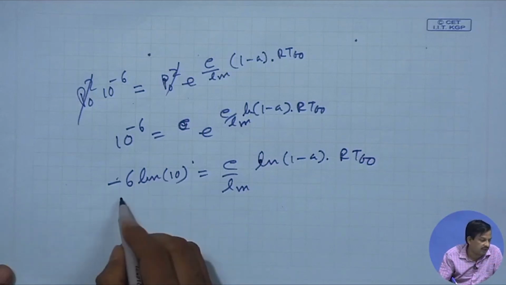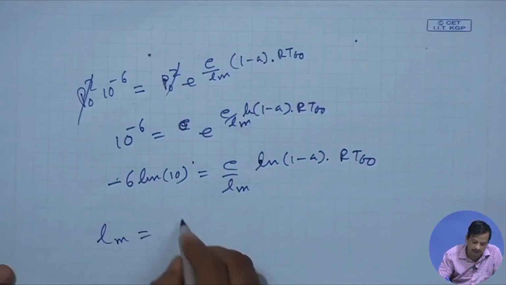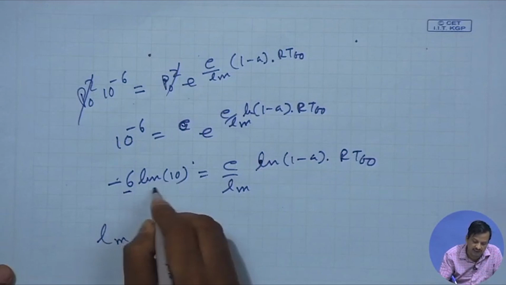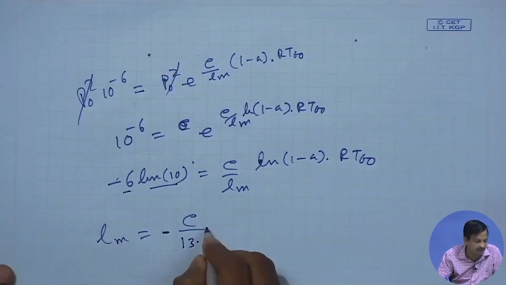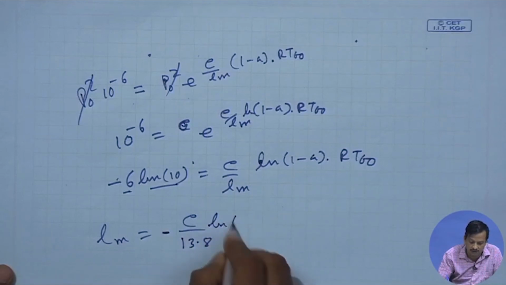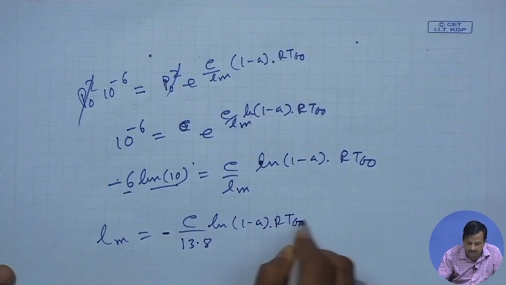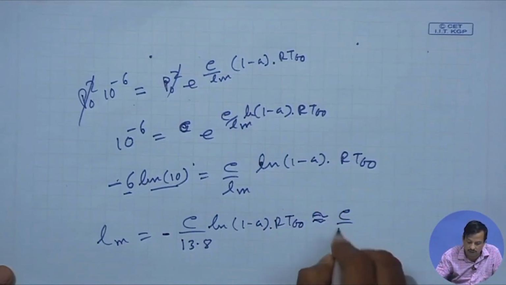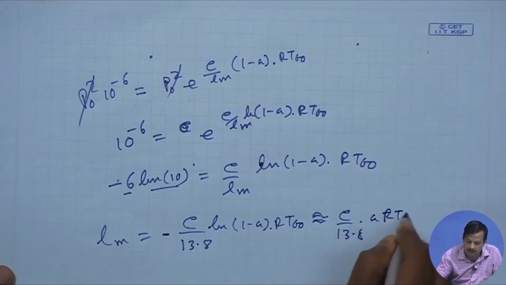So, I can calculate this value. Lm is c by, with a minus sign, and 6 ln 10 is 13.8, into ln of 1 minus a, which is almost equal to c by 13.8 into a into RT60.